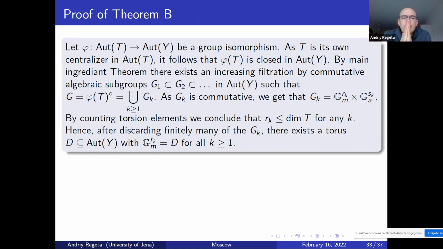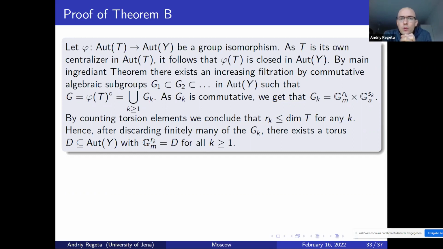Now, our variety X is just an algebraic torus. So we have an isomorphism from Aut(T) to Aut(Y), and this isomorphism is just a group isomorphism. Again, a maximal subtorus T in Aut(T) is just its own centralizer.